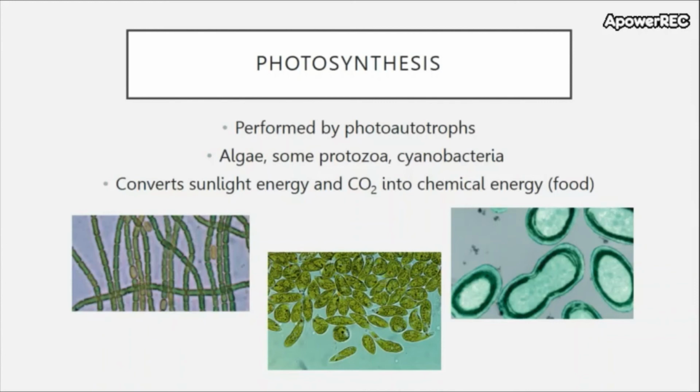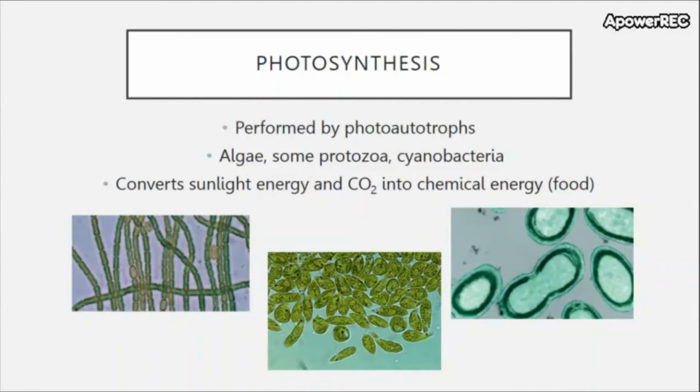And so this is performed by our photoautotrophs. We have our algae, our cyanobacteria, some protozoa, and then of course a little bit higher on the scale we have trees and things like that. It converts, again, sunlight energy and CO2 into chemical energy or food: carbohydrates, cellulose, things like that.